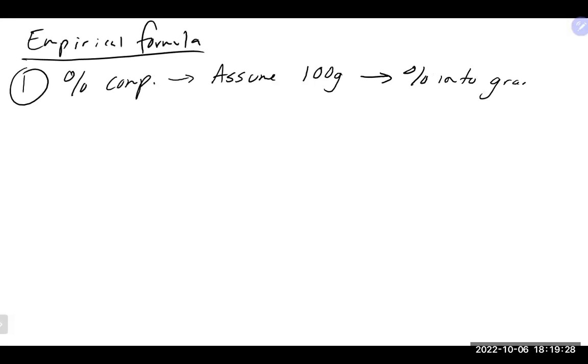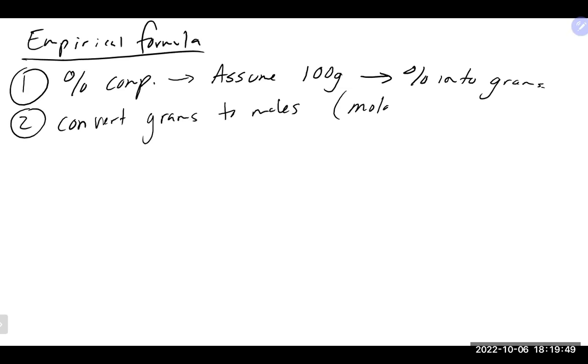Whatever units they give you for the amounts of each element present, you want to get them to grams, because the next thing you want to do is convert your grams to moles. And again, that is going to be the molar mass from the periodic table, right? That's going to allow you to do that. At this point, you will have moles of each element present.